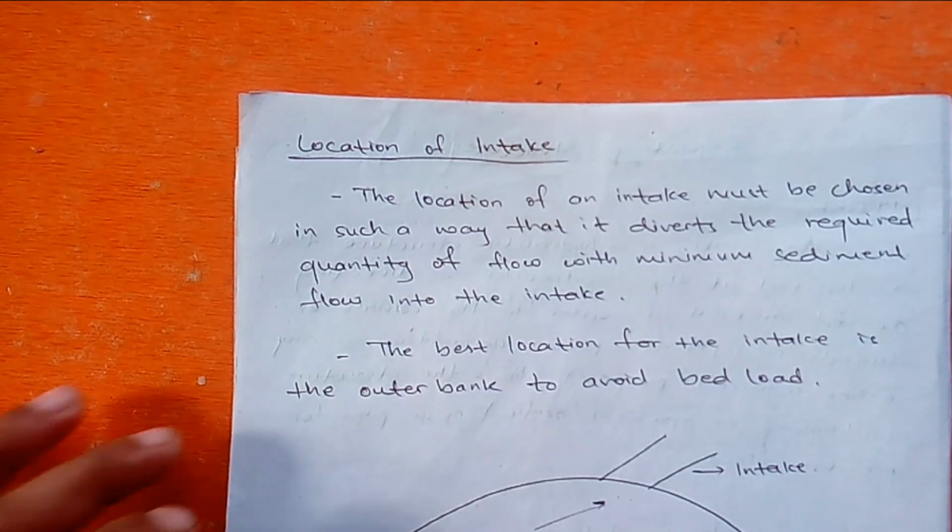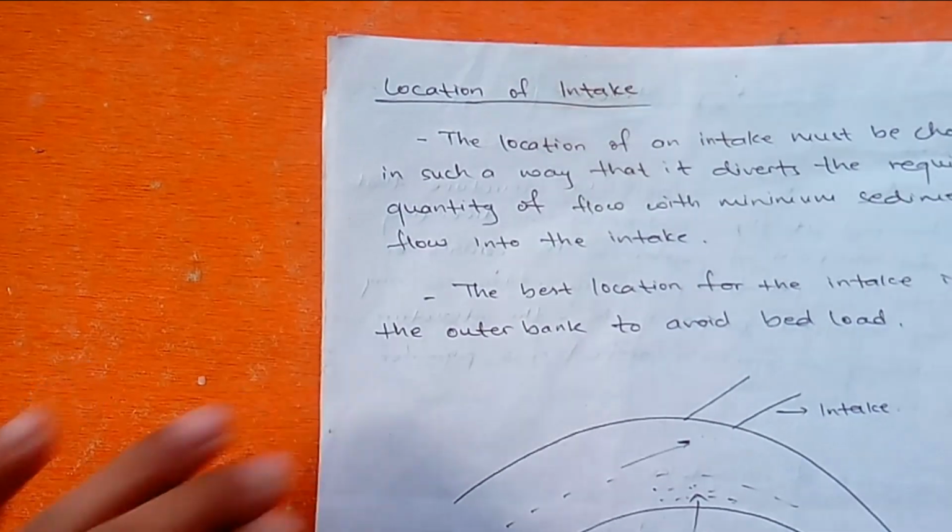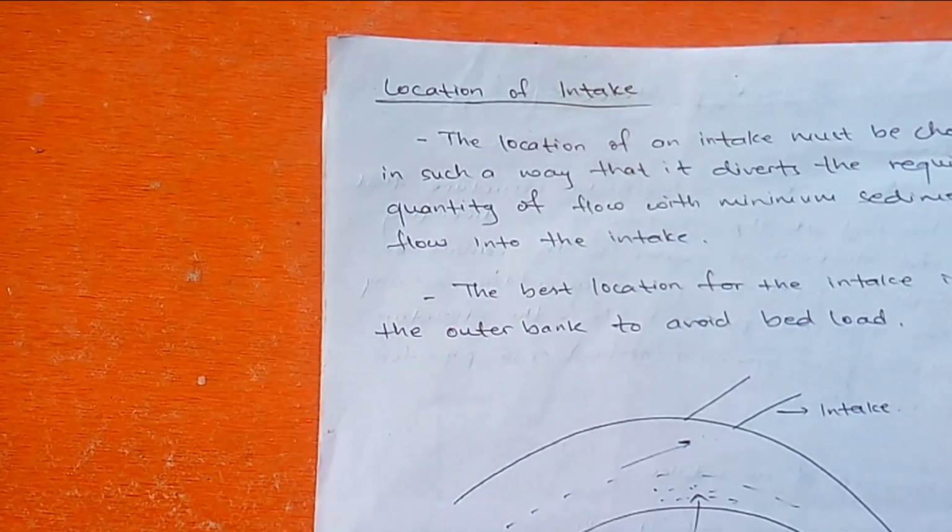Here you can see in the second point, the best location for the intake is the outer bank to avoid the bed load. In the figure we can see that in the outer bank the sediment deposit is almost none.